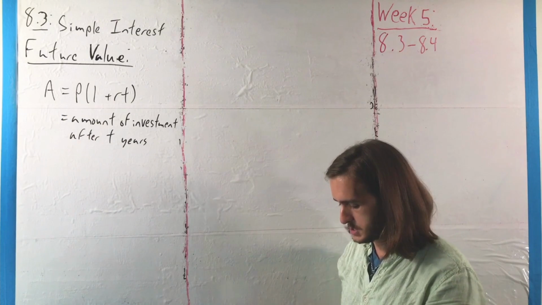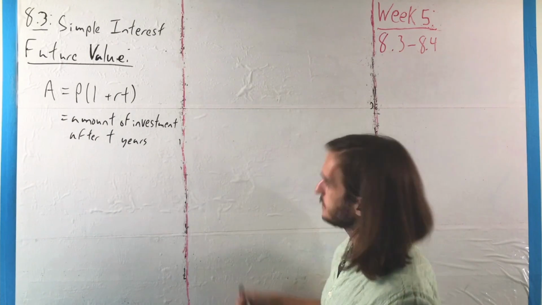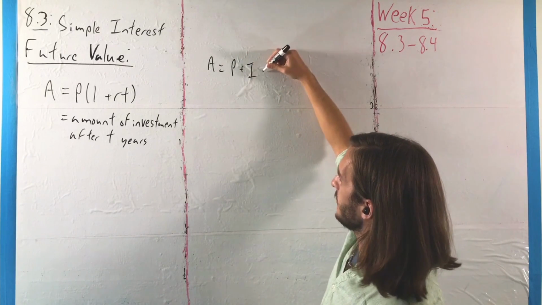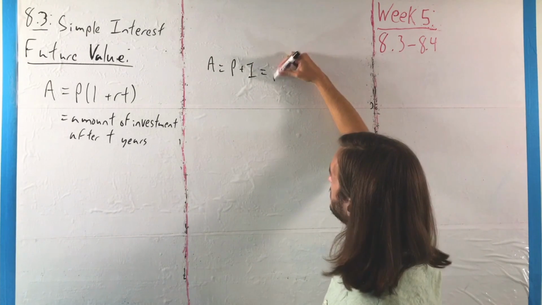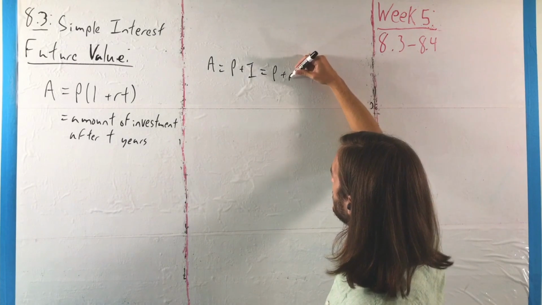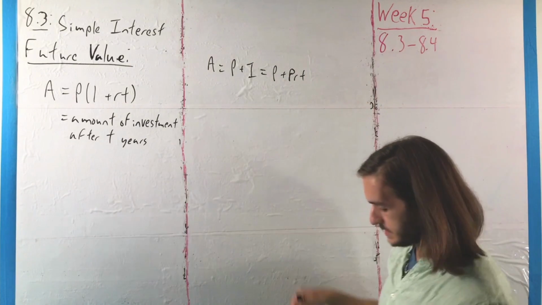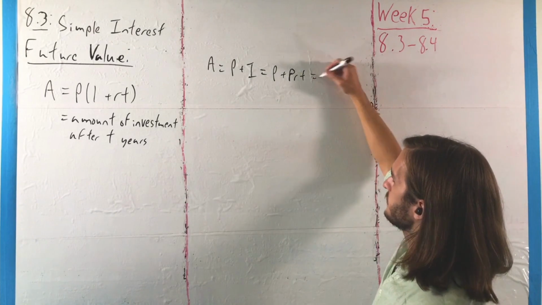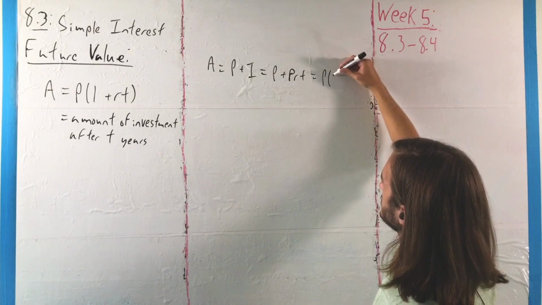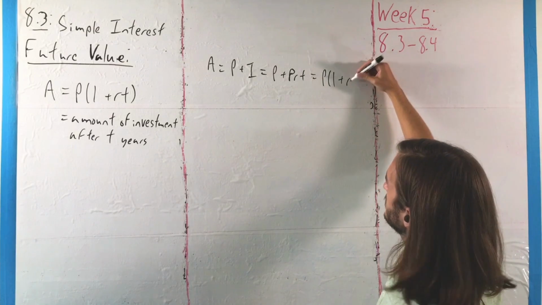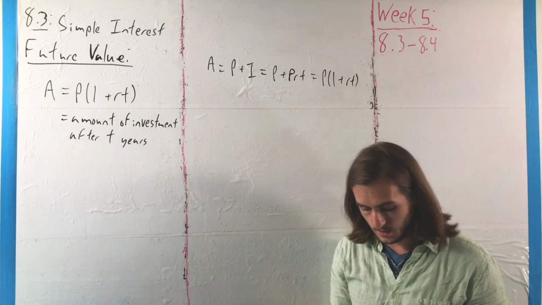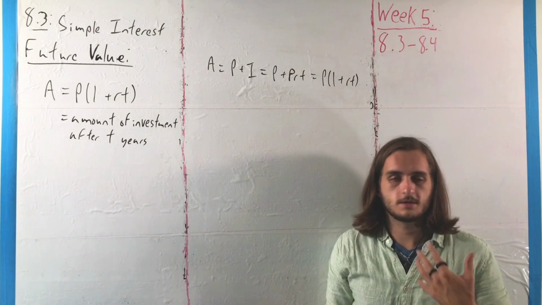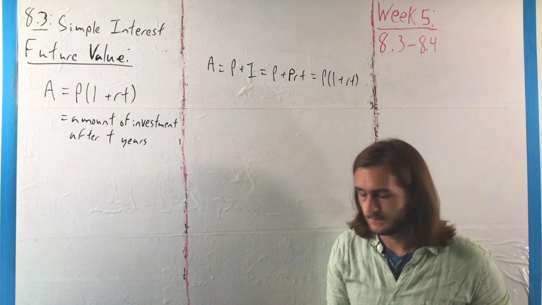To get this, it's actually a very simple manipulation: A is really just equal to P plus I, but remember, P is P, and I is PRT from that last part using the simple interest scheme. And from there we can factor out a P to get that it is equal to P(1 plus RT), like we have there.